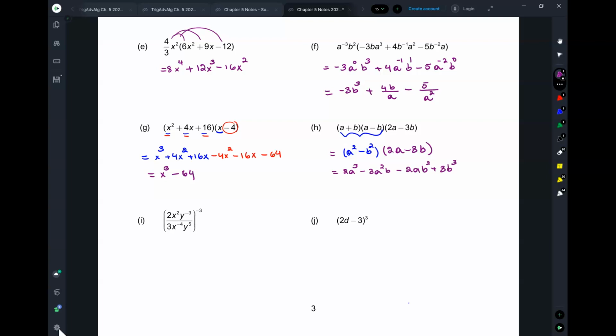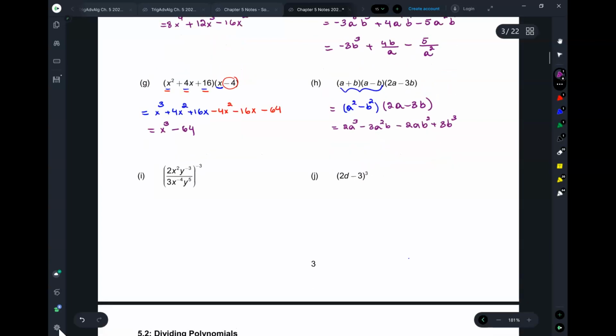Why isn't that 3a squared b? Here, this one. We got this because we multiplied this times this, and it was 3a squared b. And then we did these two, the inner ones, 2ab squared. Yeah, it's a lot of a's and b's.